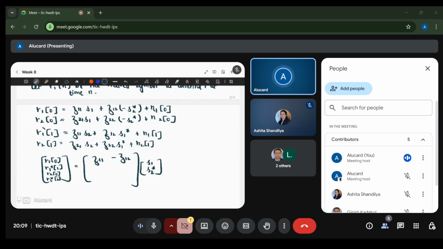So R11 conjugate is the conjugate of this, which is Z12 conjugate S1, and then Z11 conjugate S2 conjugate.